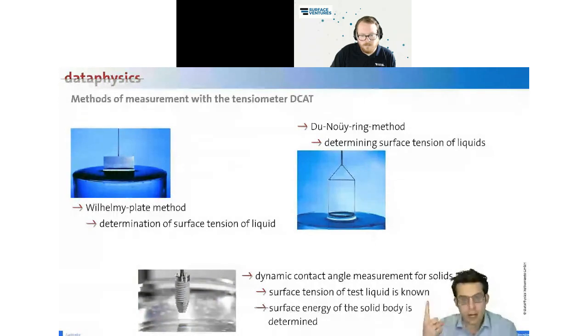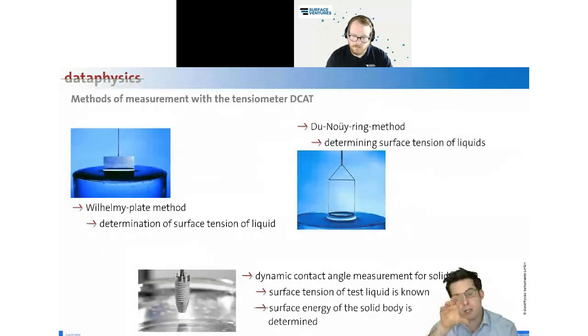So I rely on the water that I use for testing being really, really pure, because I'm just saying the surface tension of this water is 72. And based on this surface tension value of 72 millinewtons per meter, the system is then calculating backwards and giving you the dynamic contact angles.